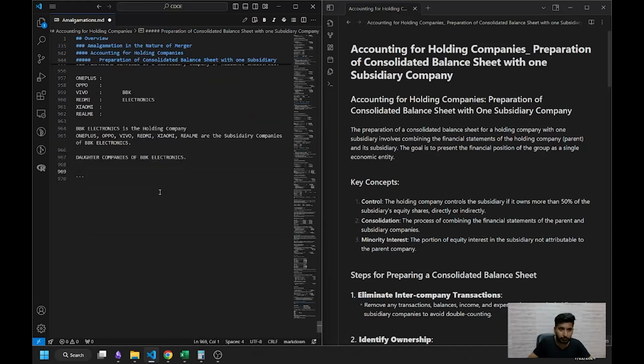But what is the relation between OnePlus and Oppo? OnePlus and Oppo are sister concerns.